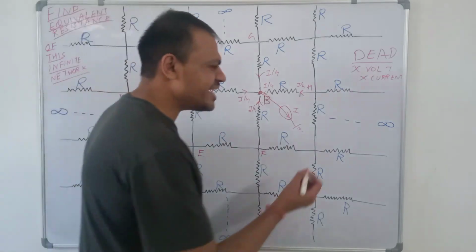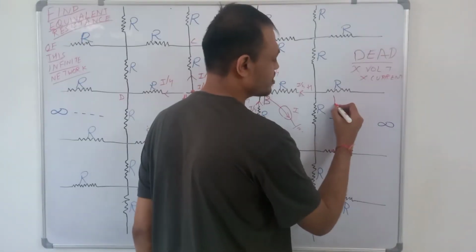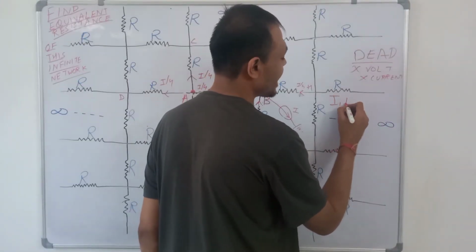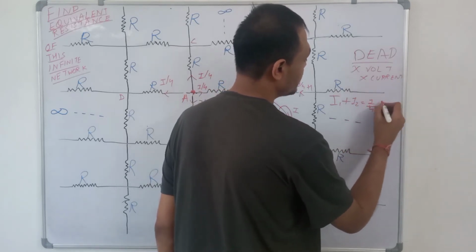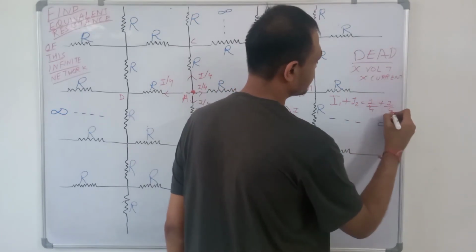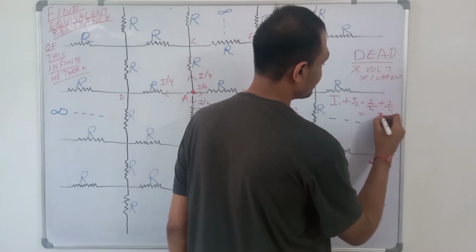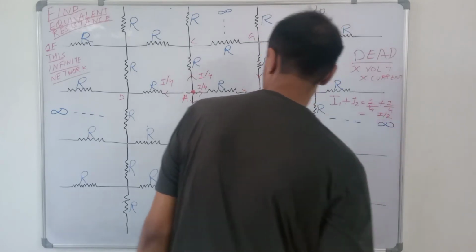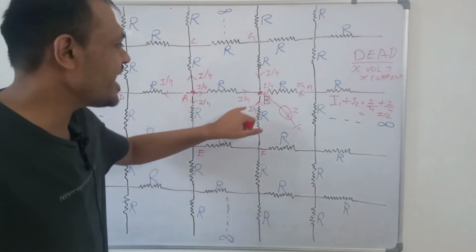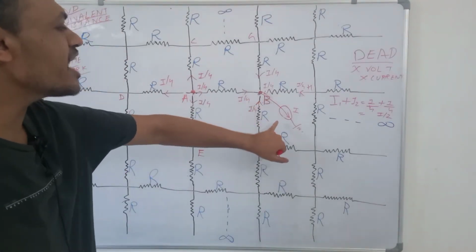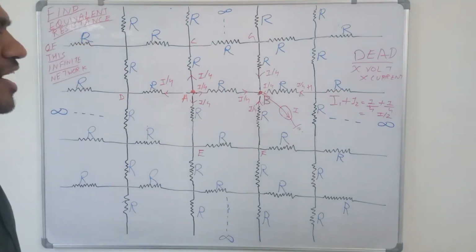So the total current I1 plus I2 is equal to I by 4 plus I by 4 is equal to I by 2. This current I1 was I by 4 when we applied the source at point A and current I2 was also I by 4 when we applied the source at point B.